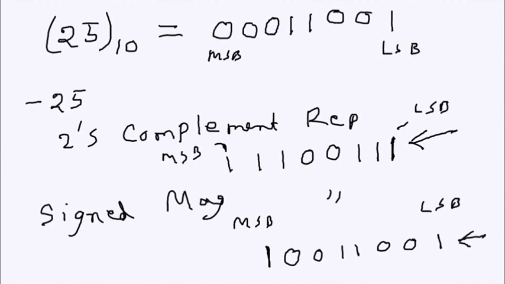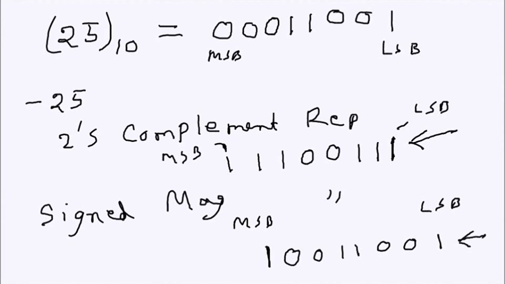So this is negative 25 in sign magnitude representation, and we can see the two numbers are totally different. The 2's complement representation of negative 25 is 1 1 1 0 0 1 1 1, while the sign magnitude representation of negative 25 is 1 0 0 1 1 0 0 1. They are totally different.